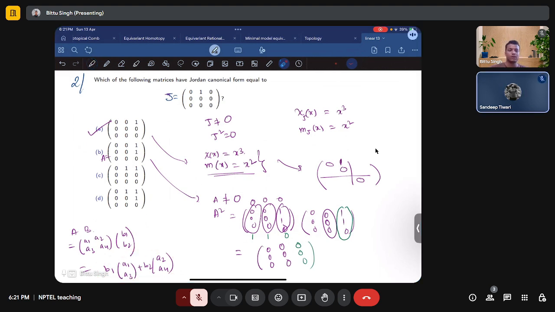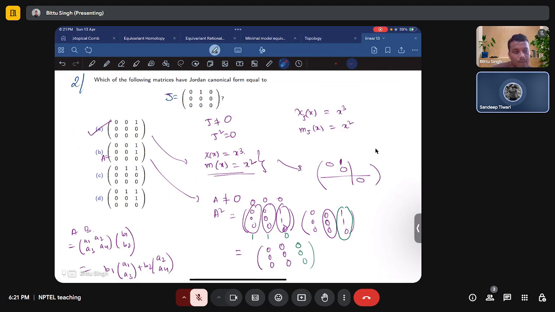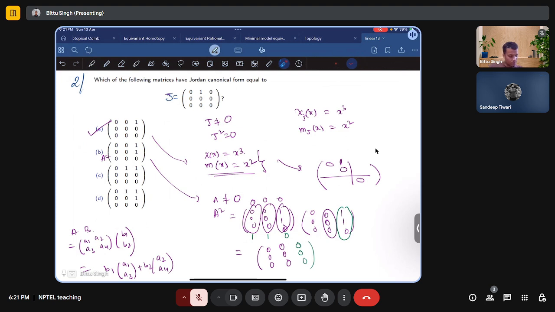Yes, sir. So that is the interesting thing. Multiplying with a column means it is a linear combination of those columns: the entries in the columns of the second matrix times the columns of the matrix A. Multiplying with some column vector means taking a linear combination of the earlier matrix's columns.